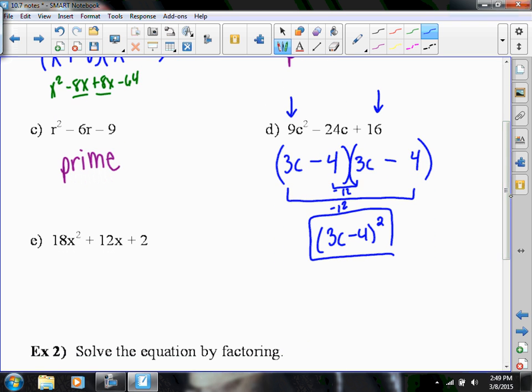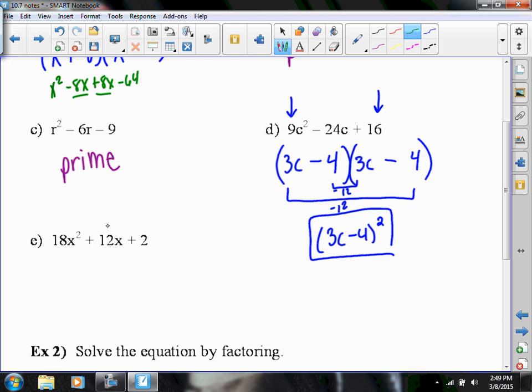Now part E, again, it's a trinomial. So I'm going to see if I have another perfect square trinomial. My last term's a 2 and my first term's an 18. Those aren't perfect squares. But if I look at my numbers, 18 and 12 and 2, hopefully you're noticing that they're all even.